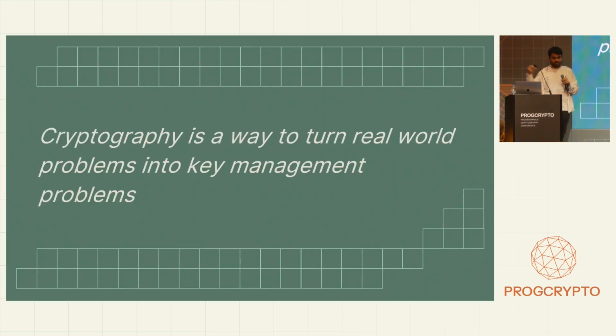Zooming out a bit more, one way you can frame cryptography more broadly is that it is a way to turn real-world problems into key management problems. You start with these complicated problems of coordination and trust, and then you turn them into discrete log assumptions on private-public key pairs.